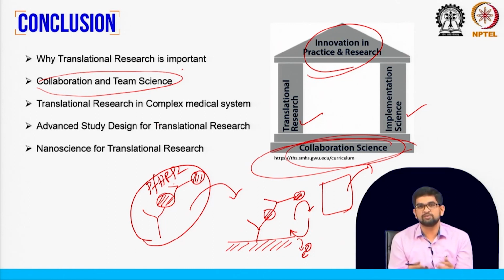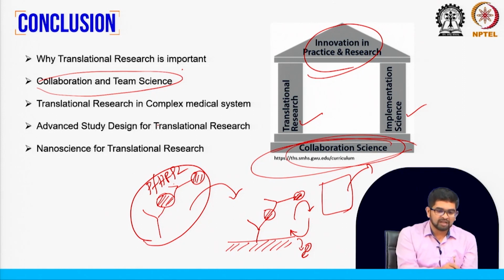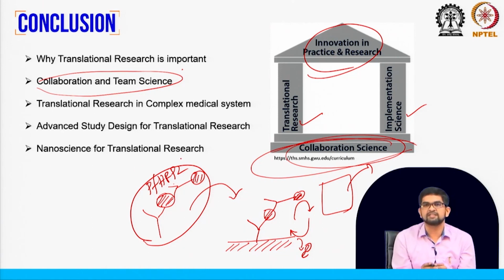So, it takes a very long time, but translational research also can reduce the time. Translational research is a very advanced study design, a very, very advanced technique, and nanoscience for translational research can help you for further improvement. Also, nanoscience can help to reduce the time.